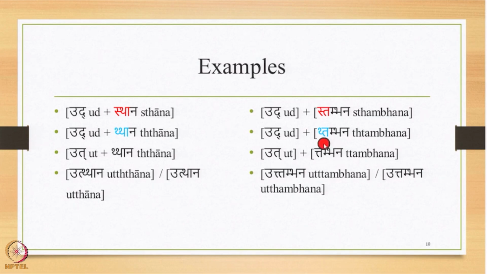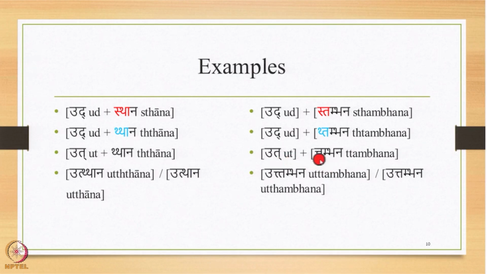Now here, because of the environment of this th, the d gets substituted by th, and then because of this th, this the gets substituted by th. So we have three takaras.